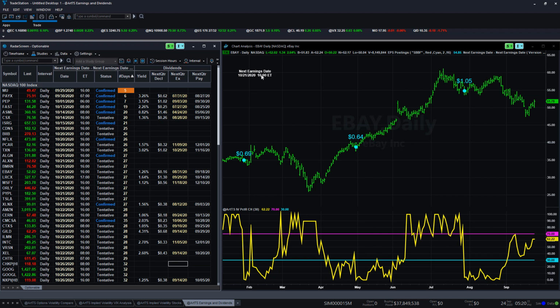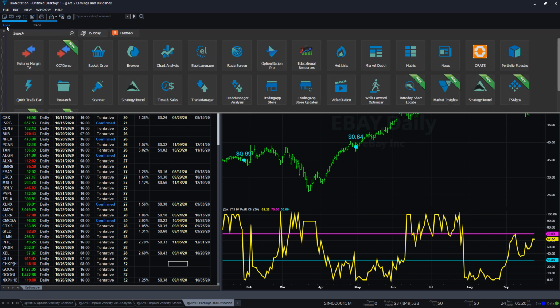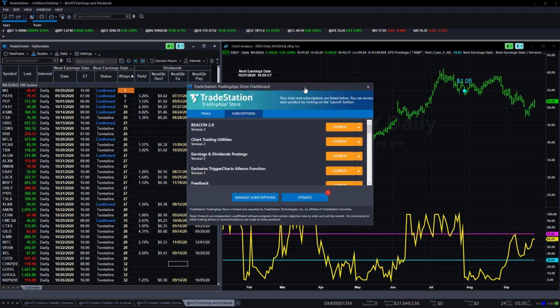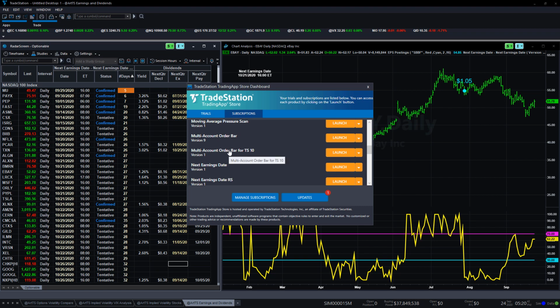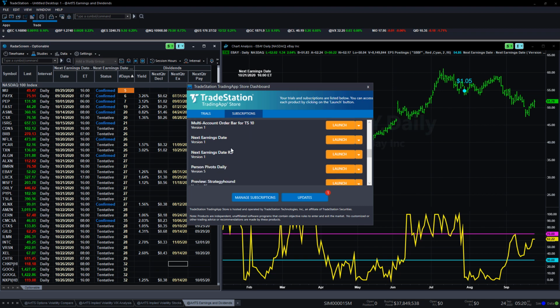Even if that happens, to get that indicator into TradeStation, you're going to go to Apps and then to Trading App Store Updates. There's a couple of trading store icons in here, but the one you want is the updates. And then you can come down here to next earnings date. So this is after you subscribed.